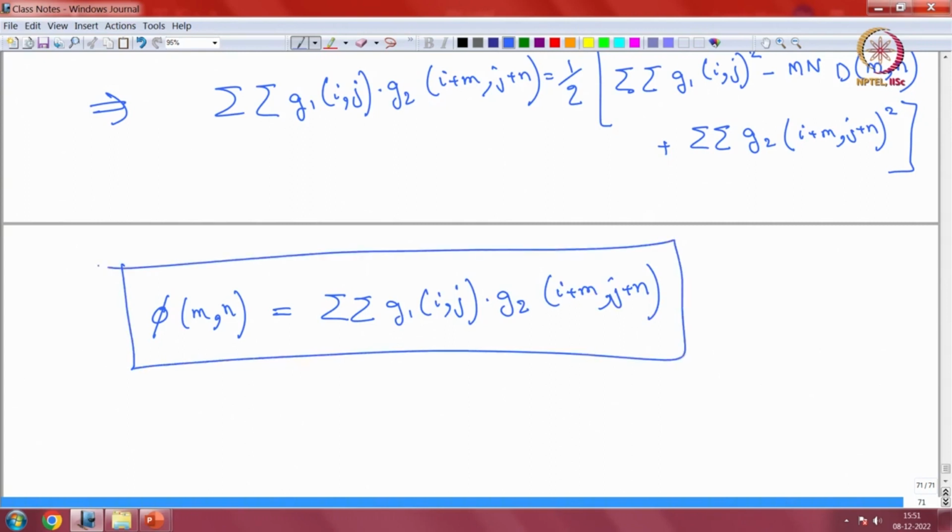And this is now used in cross correlation based tracking.